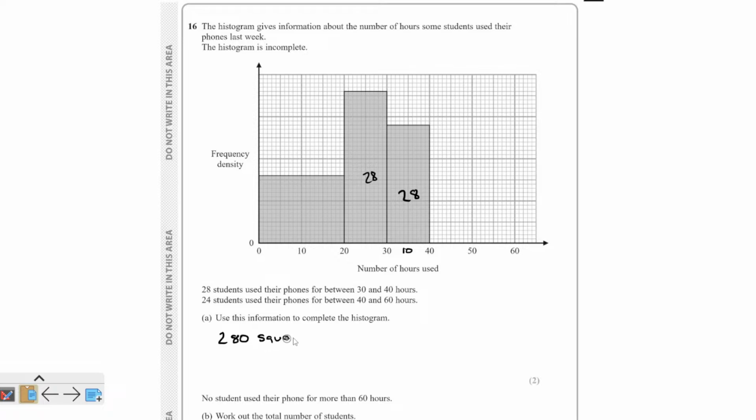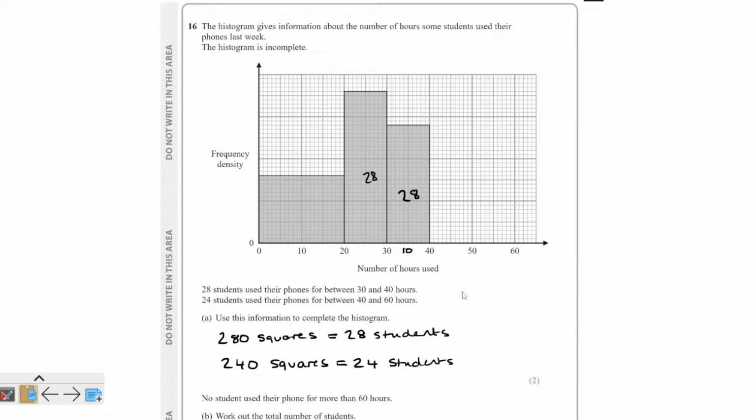Do you see how for that bar, 280 squares is the same as 28 students? And then I can use that comparison to help me work out, well, how many squares would I need for 24 students? You can obviously see they've just times-ed it by 10, haven't they? So therefore, 240 squares would be enough for 24 students.